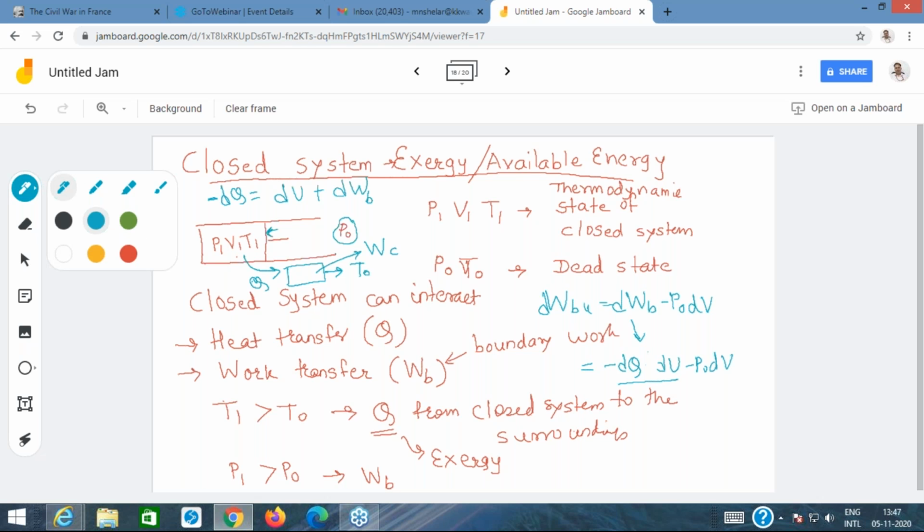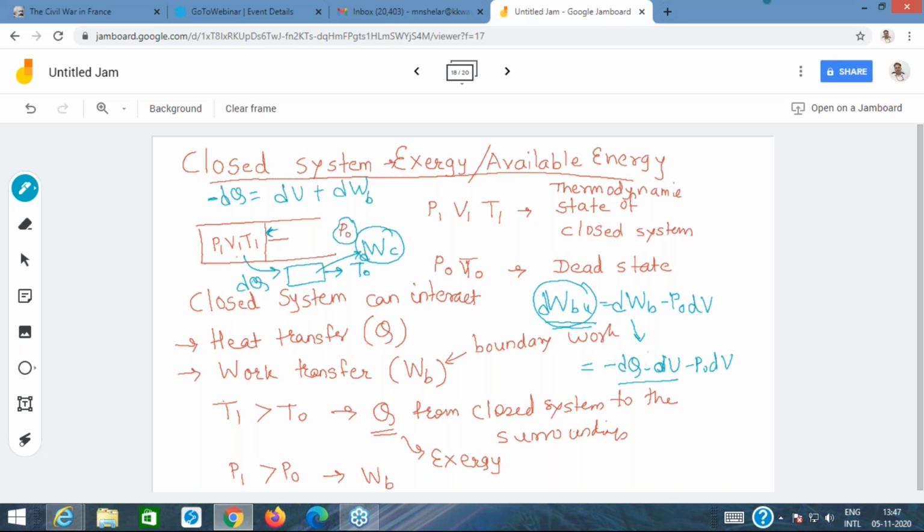So this is minus dq minus du minus p naught dv. So this is your useful boundary work. Now what we need to do is add this Carnot work with the boundary work, because I'm talking about a small transfer of heat.